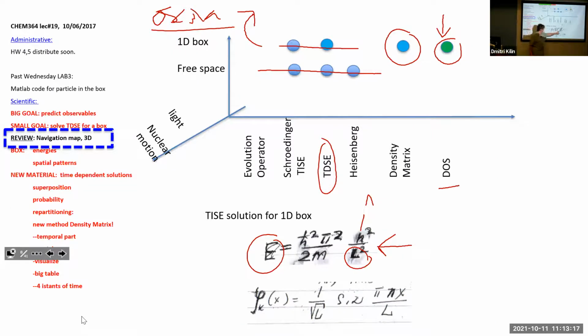A little earlier, those are 2 equations. I should have copied these ugly caricatures here, but those are 2 equations that we are supposed to memorize or at least recognize. So the eigenfunction and eigenenergy, which is proportional to the number of the state squared, right?